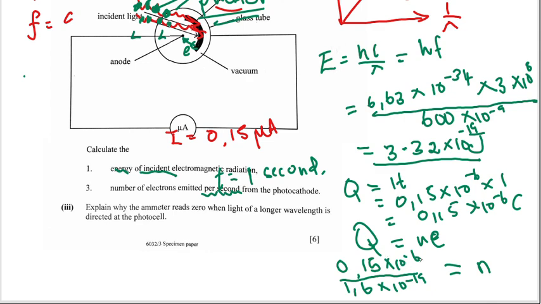This is the magnitude. So here we are going to get 9.375 times 10 to the power of 11 electrons. Right.